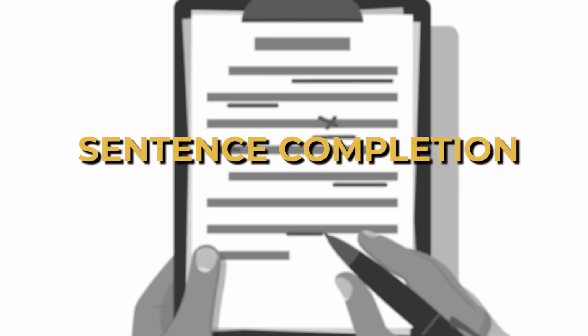Sentence completion. In this sentence completion question, you must read a set of sentences that summarize significant information from all of the IELTS listening material or from a part of it. After that, you'll fill in the spaces in each sentence with information from the listening text. A word limit can be like no more than one word and a number.